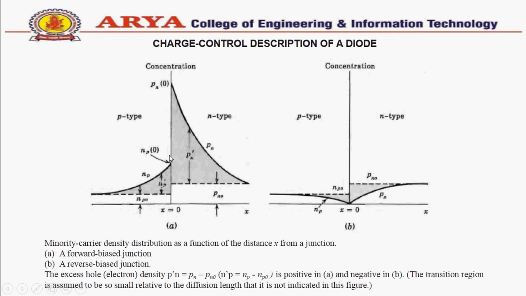In figure A, the forward bias junction charge control description is given. In B, the reverse bias junction charge control description is given.